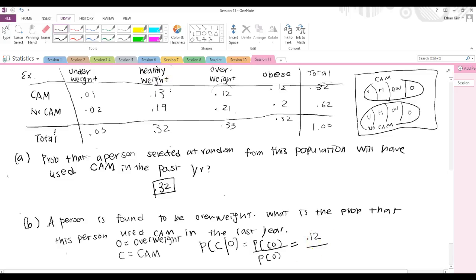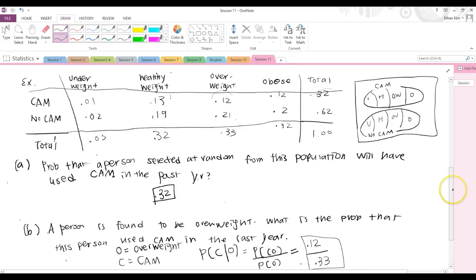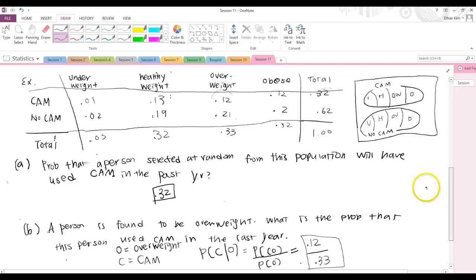So we're looking at the probability of overweight right here. I can't seem to find it, okay, here, 33. So that's 0.33. So this is the answer. That's basically how we use conditional probability when we're restricting the sample space.